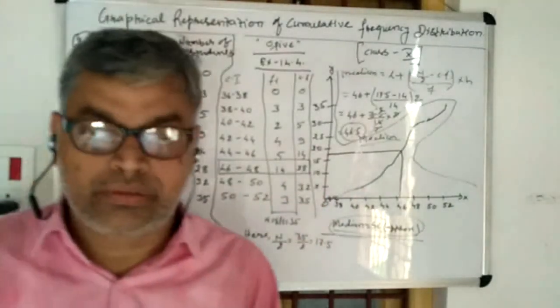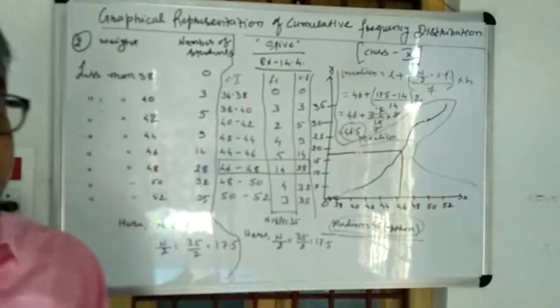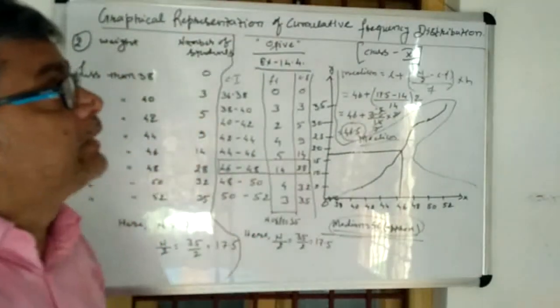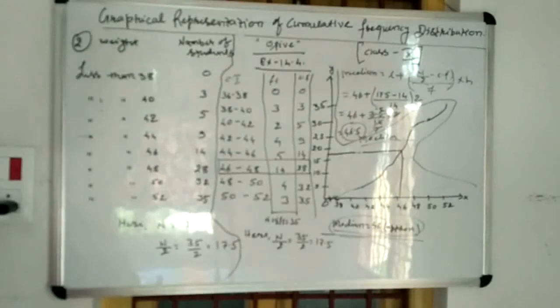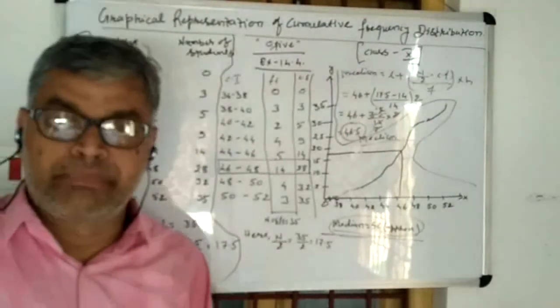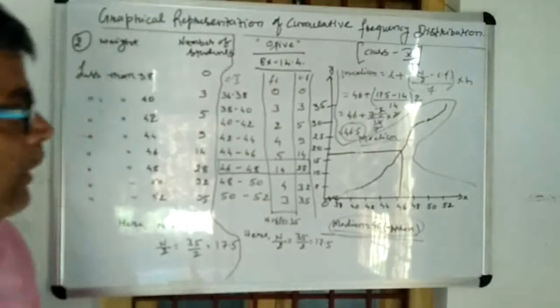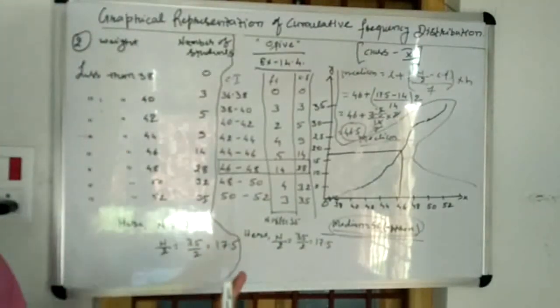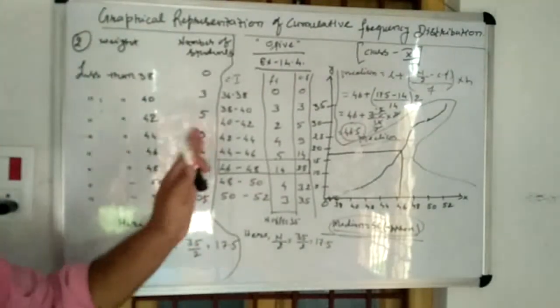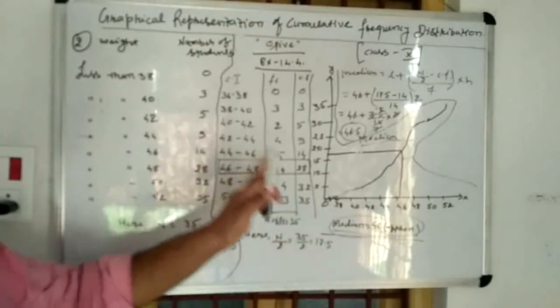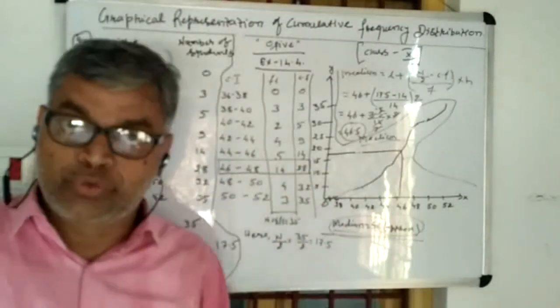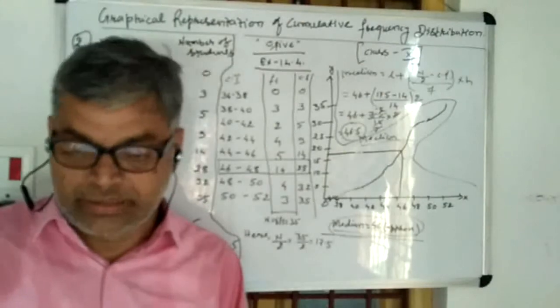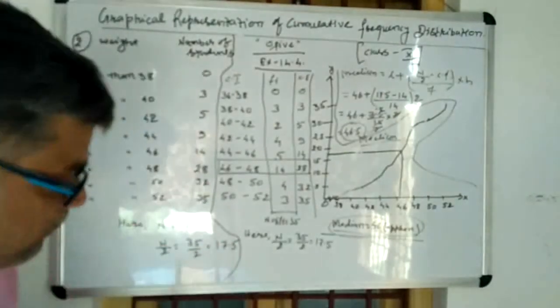When you put the ogive on graph paper, you will get the accurate value. So in this way children, we have completed this question. First we draw the ogive of the given series, and thereafter we find the median by using the formula of median. So this question is completed.